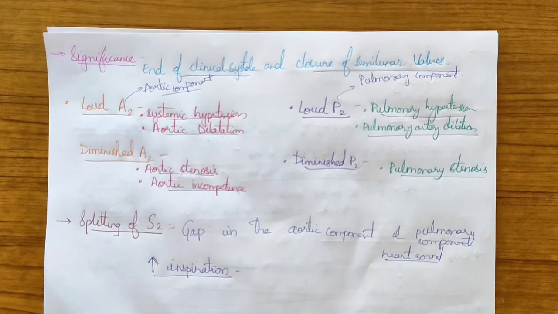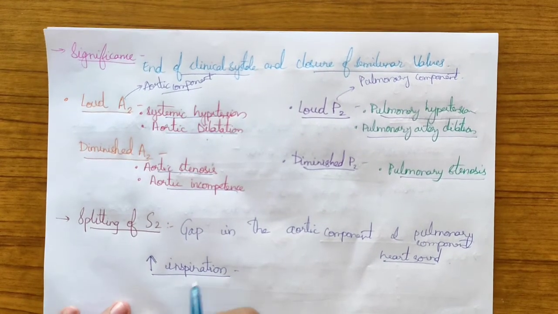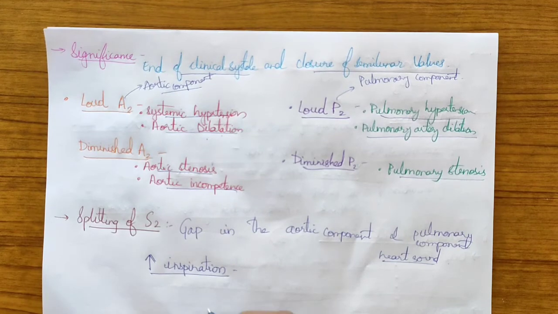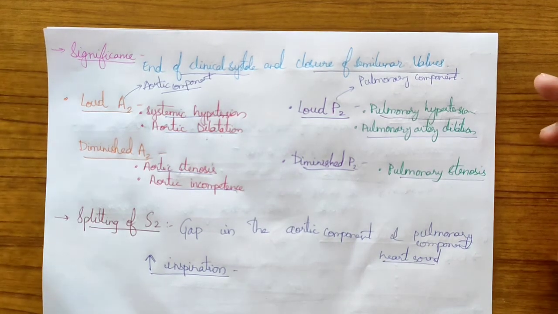So why is this splitting actually caused? It is caused due to many reasons. One of the reasons is that it is increased during the inspiration process. During inspiration, the thoracic blood volume will increase, so it will increase the right ventricular volume.